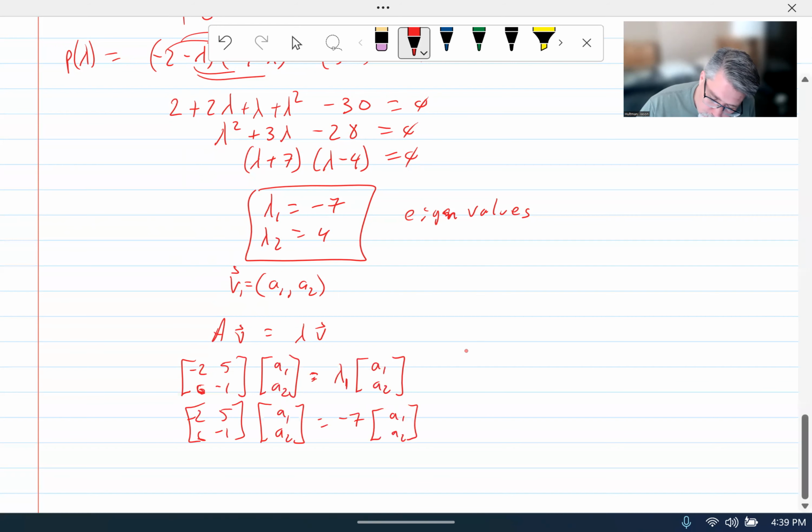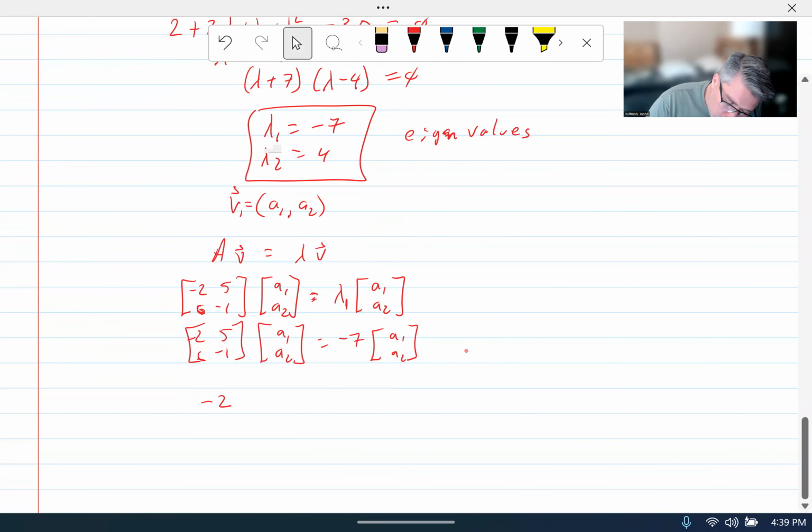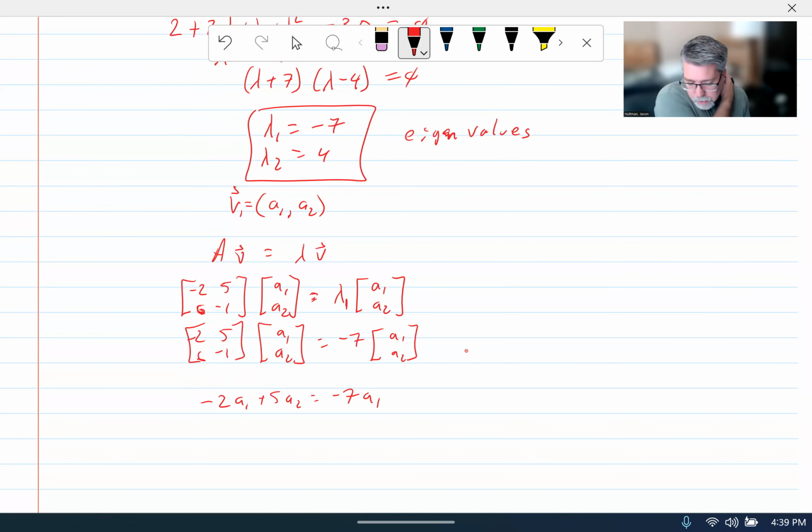So -2 A1 plus 5 A2 is equal to -7 A1. That's my first equation. My second equation is going to be 6 A1 minus A2 is equal to negative 7 A2.